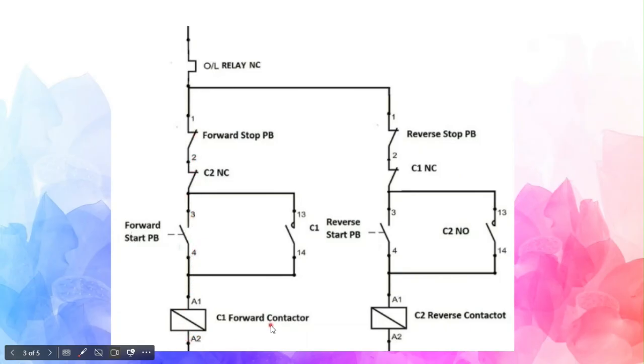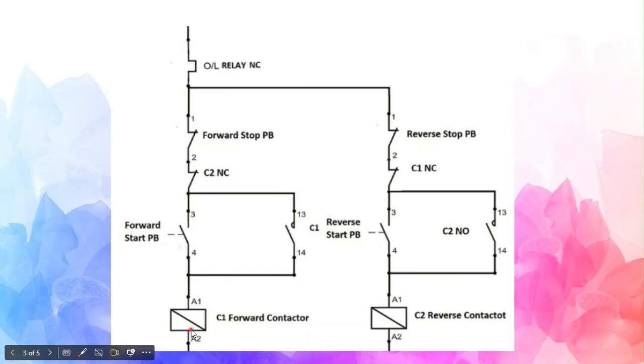One is for forward contactor energization, and the second is for reverse contactor energization. Generally, there will be a forward start PB. If I press this forward start PB and the overload is not tripped, then this path will be closed and this forward contactor will be energized.